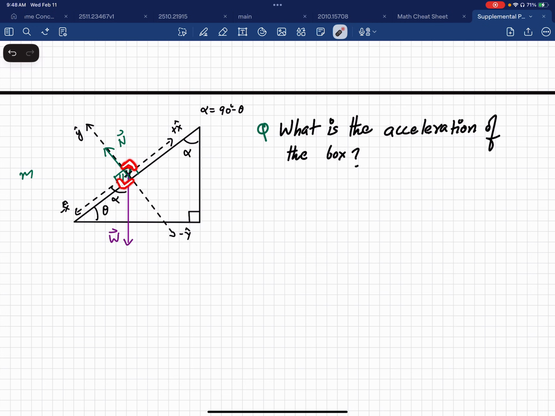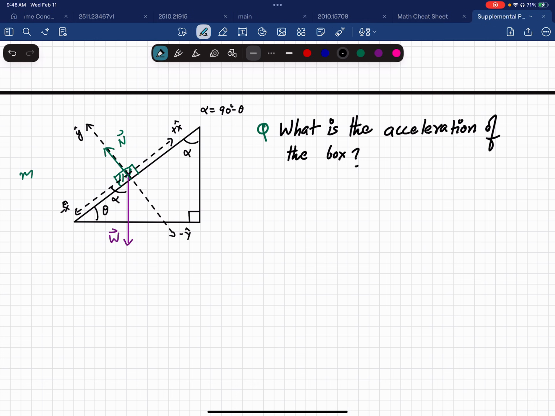If they are, then if this is 90 minus theta, then this becomes theta. Okay, so hence we understood the weight is making an angle theta with the y-axis. Pay attention. It's making an angle theta with the y-axis.